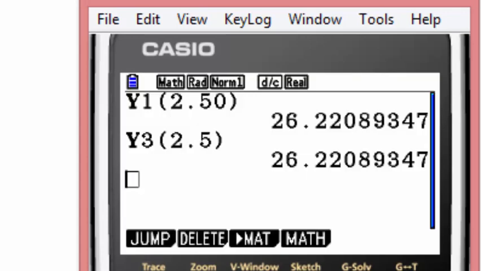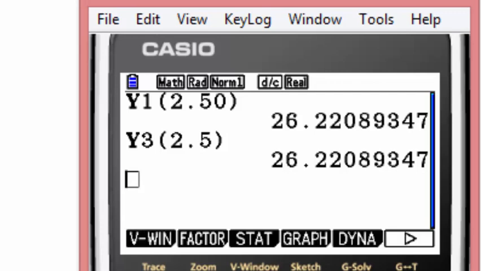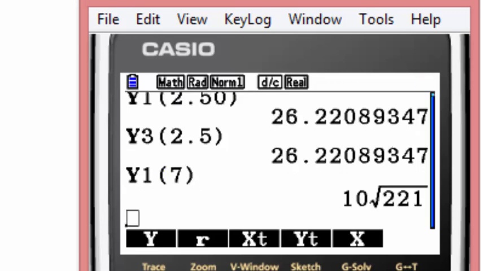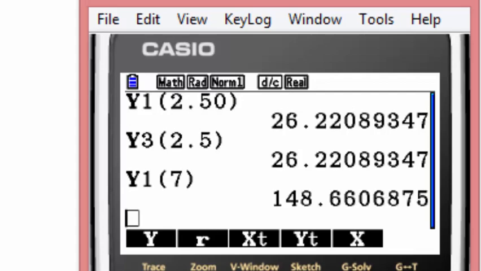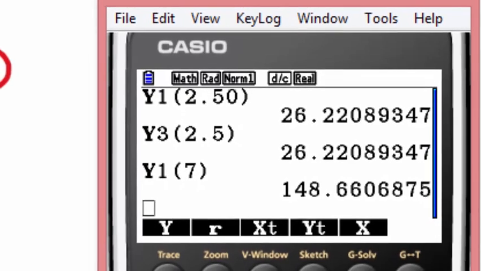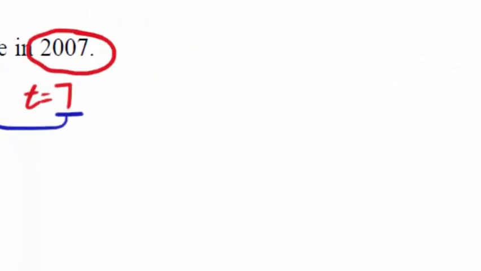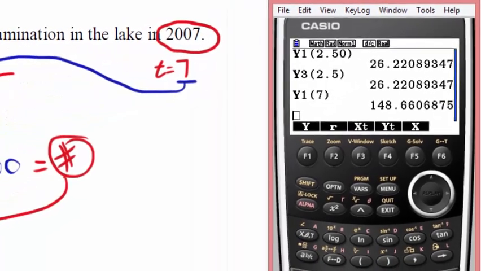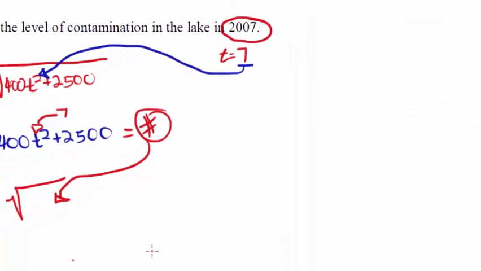Then, because this is an evaluate problem, I just want to plug 7 into my composed function, and we get an output value here of 148.661 parts per million.